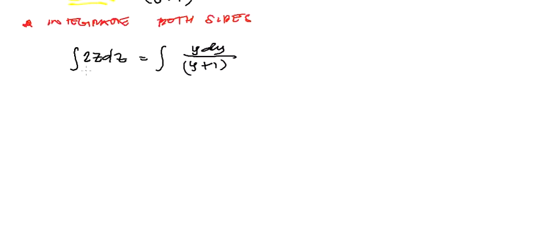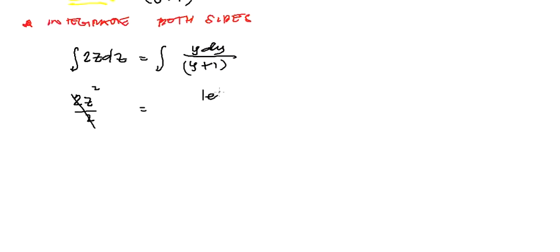On our left hand side, this is integrable by having z squared all over 2, so we can cancel this out. And for our right hand side, we need to do some modifications here, like for example using algebra.